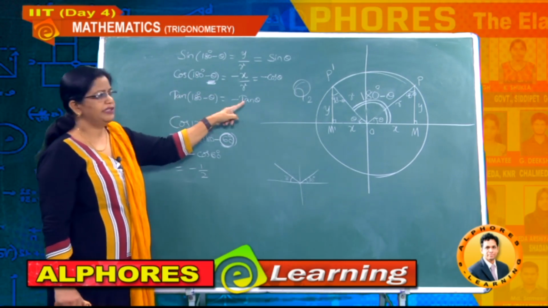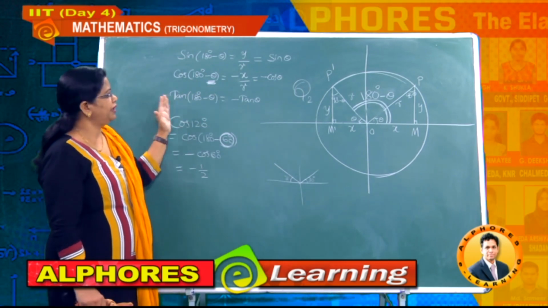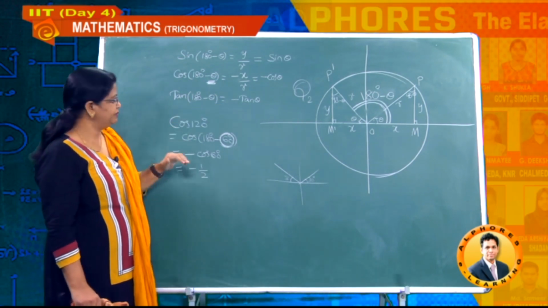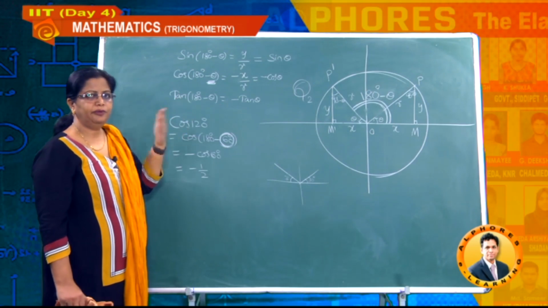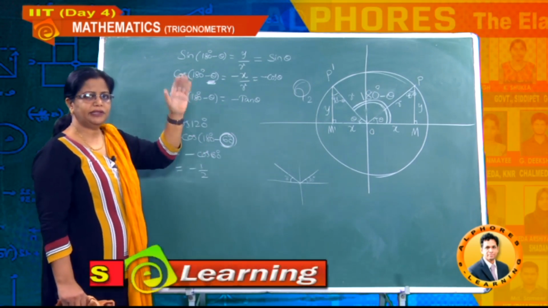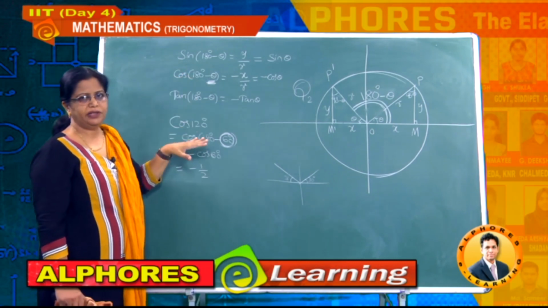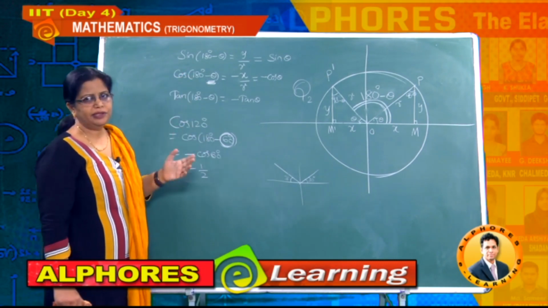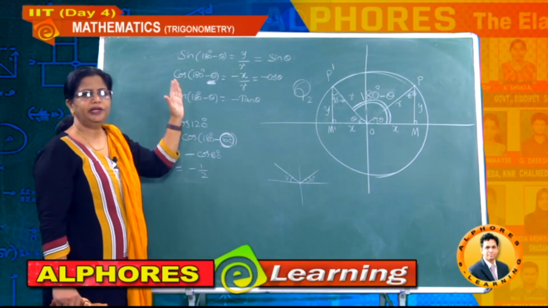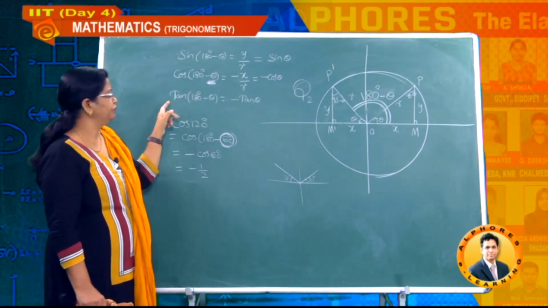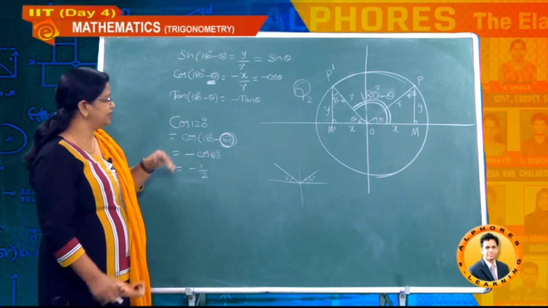So no need of changing the function, you only have to take care of the symbol before that value. That is why, while doing numerical problems, instead of using 90 values, better you apply 180 degrees. That will be very easy for us, because you can concentrate only on the sign, not on the function.